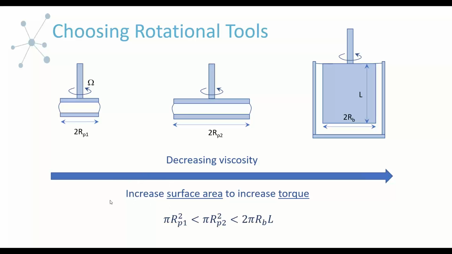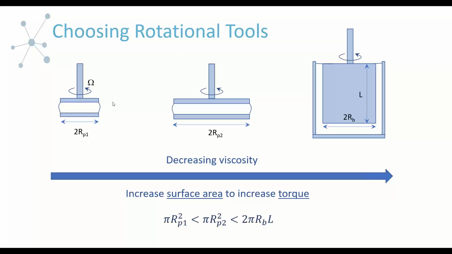What you need to realize then is that as you increase the surface area of the tool that's in contact with the fluid, you're going to increase the torque. In addition to the viscous stress generated by the fluid flow, the other important factor is the surface area. So you have to consider both of those things: the viscous stress that will be generated, which is a function of viscosity and your shear rate, and also the surface area that's in contact with the fluid.